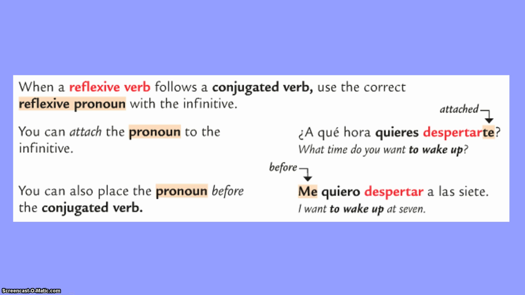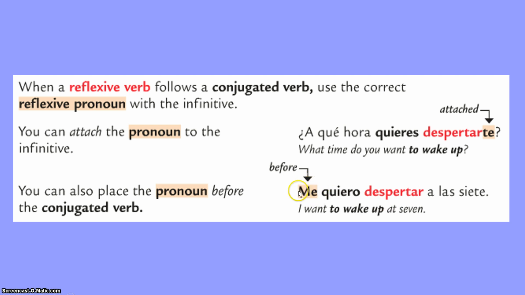You can also place the pronoun way out in front, before the conjugated verb. Me quiero despertar a las 7. So remember, this is my verb phrase. I have a conjugated verb followed by an infinitive. But in this example, I can put the reflexive pronoun way out in front.